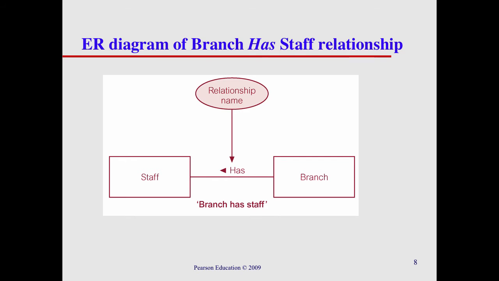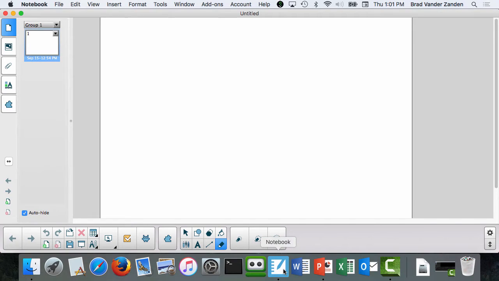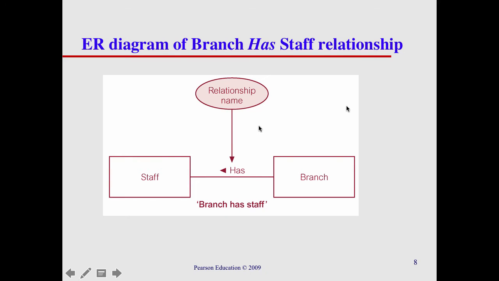And a good rule of thumb is that you draw the arrow... Well, we can talk about, first of all, the number of times something occurs in the relationship. So one branch can have many staff, whereas one staff member belongs to exactly one branch.